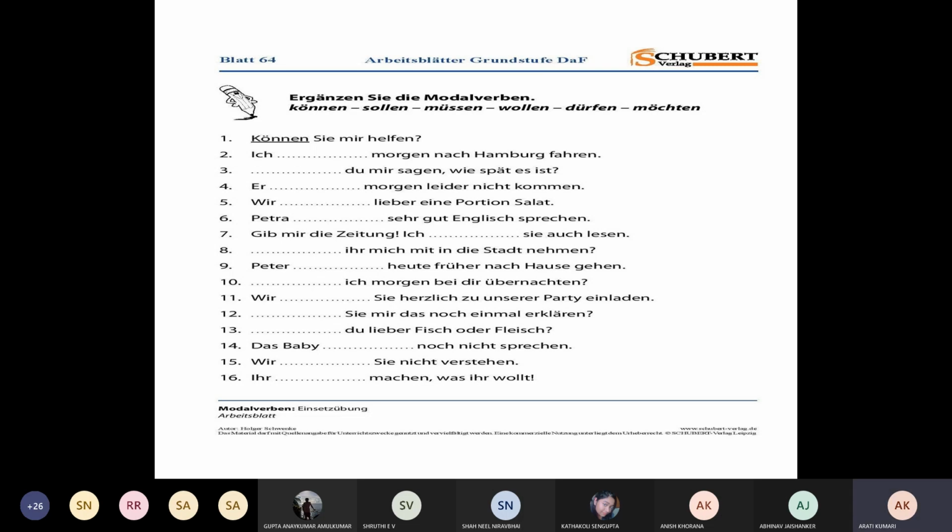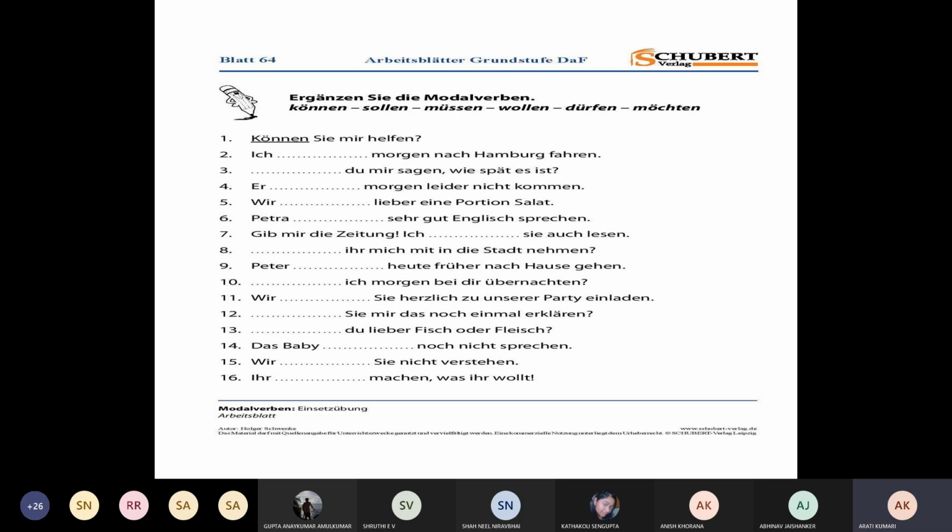Then number 7, gib mir die Zeitung. Give me the newspaper. Ich sie auch lesen. I want to read it too. We can say that. In this context, somebody is really asking for it. So what will we say?